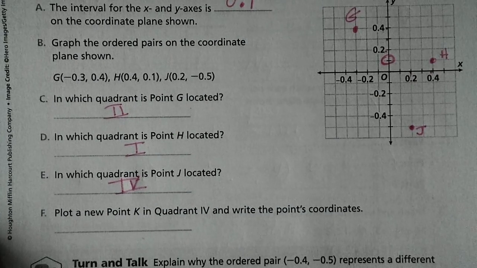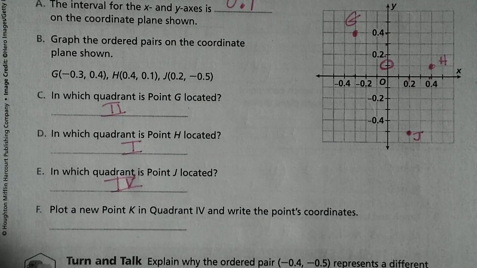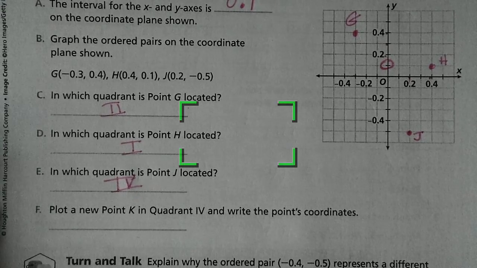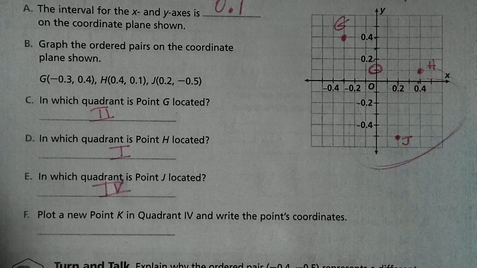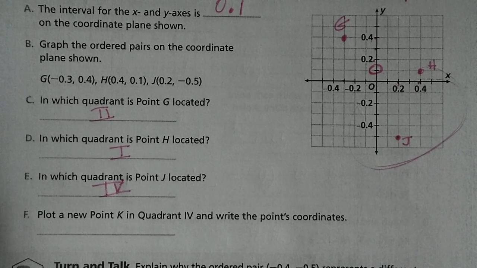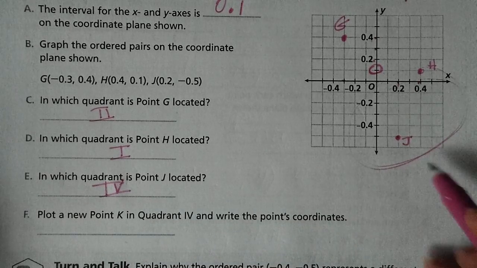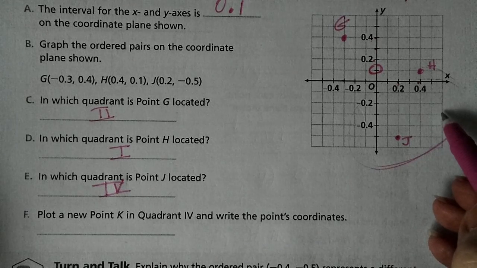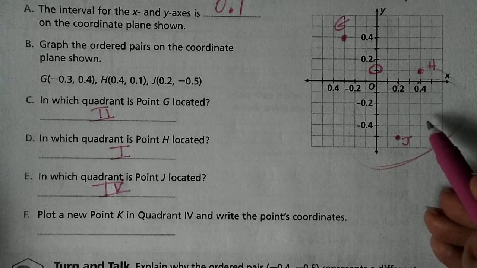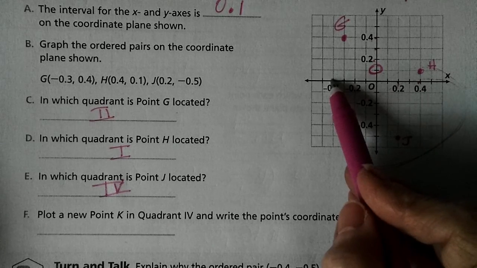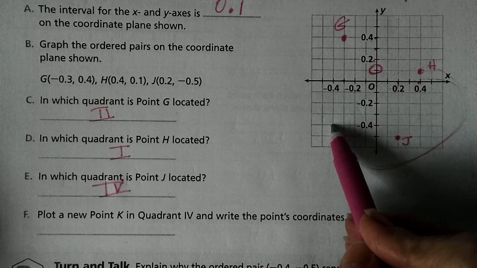All right, now we're going to plot a new point K in quadrant 4, which is down here. So somebody give me a coordinate. -0.4, -0.4. -0.4 is over here, and -0.4 is over here.